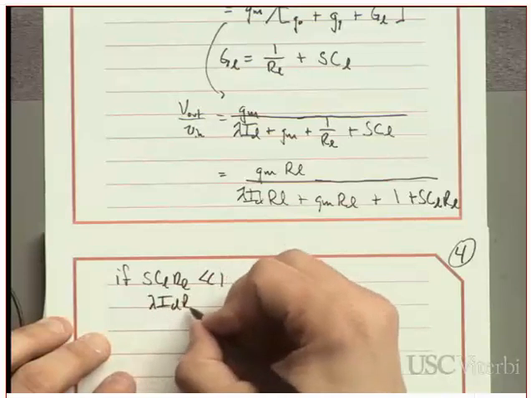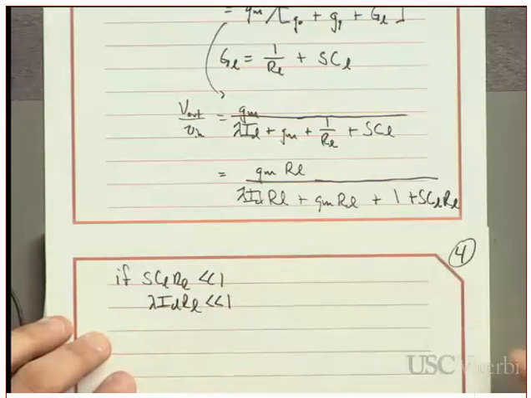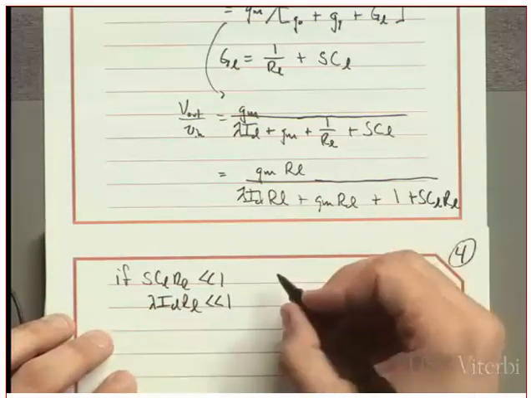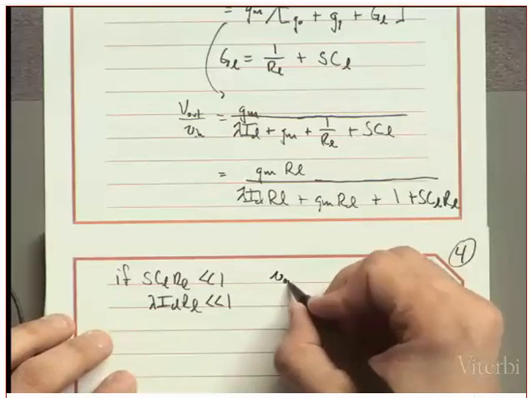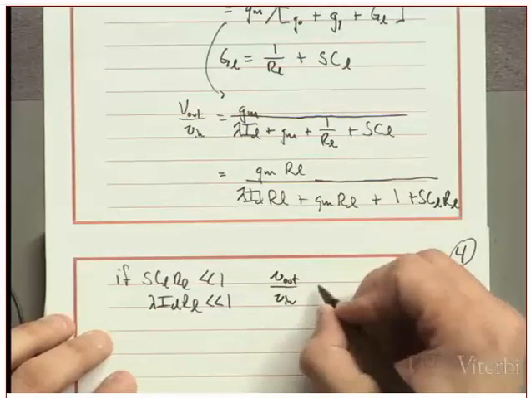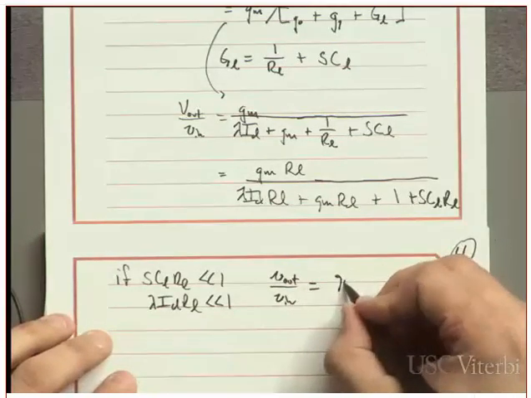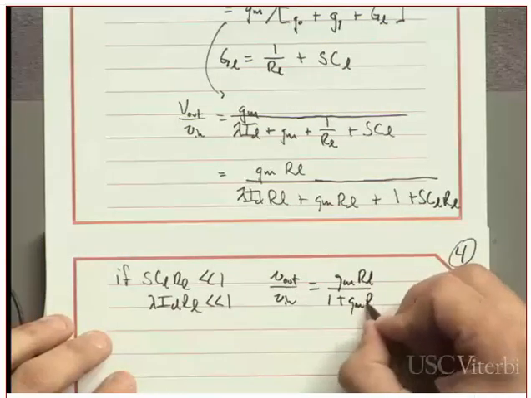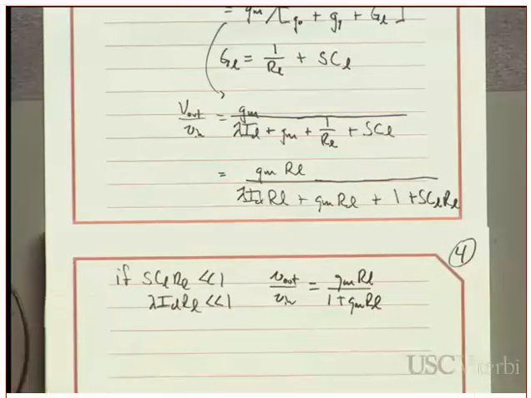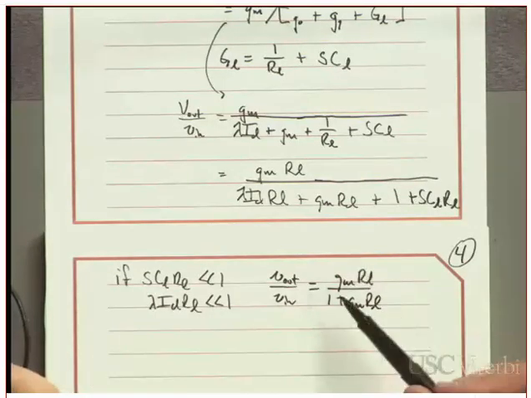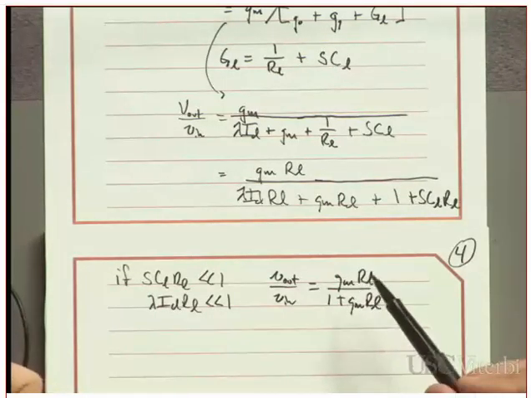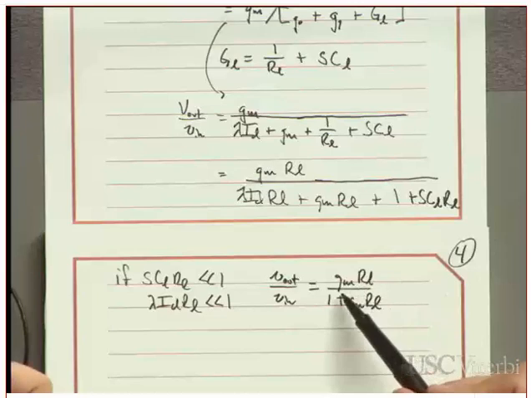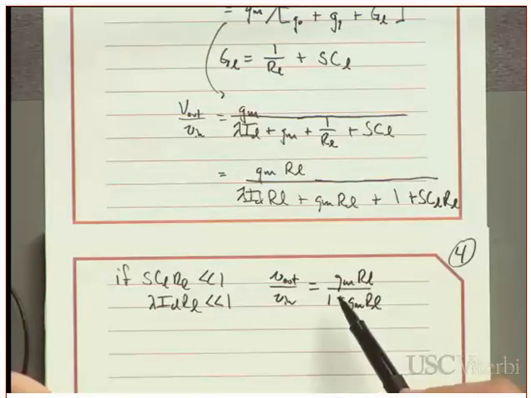Then I'm left with Vout over Vin equal to gm RL over 1 plus gm RL. And this gets me back to my point of the source follower being a buffer. This is almost 1, right? And in fact, if you choose the product gm RL to be large enough, it can be as close to 1 as you want it to be.